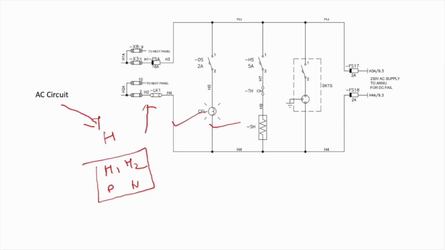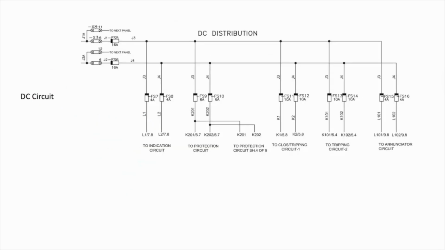We don't need a fuse there. We need fuses in AC circuits, DC circuits, and PT circuits. Because suppose a short circuit occurs, our fuse will blow and our circuit will be isolated from our system. So the nomenclature for AC, its identification ferrule, begins with H. After that, the most important is the DC circuit.